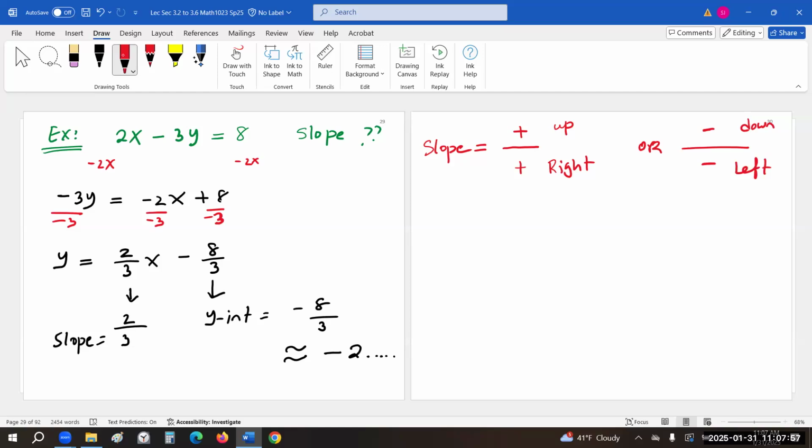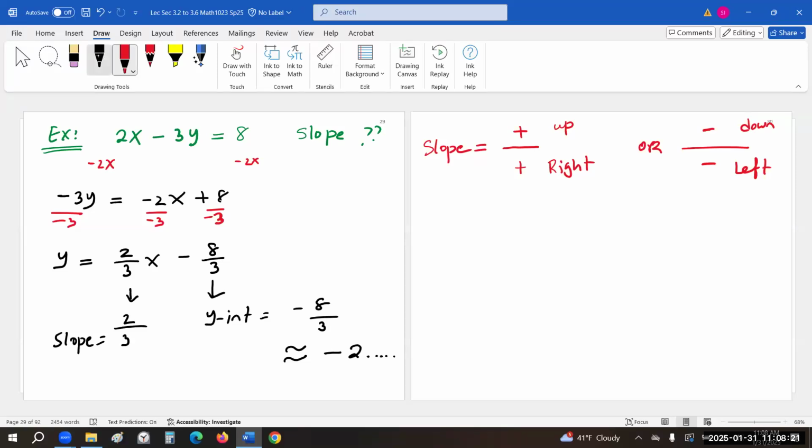Okay, so that's how we walk our slope. To remember: on the top, plus means up and minus means down. And on the bottom, plus means you're going to the right, and minus means you're going to the left. That's why slope is called rise over run. Whether we rise or go down, and whether we go left or right from the denominator portion.